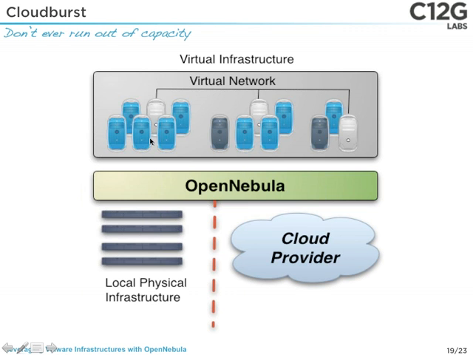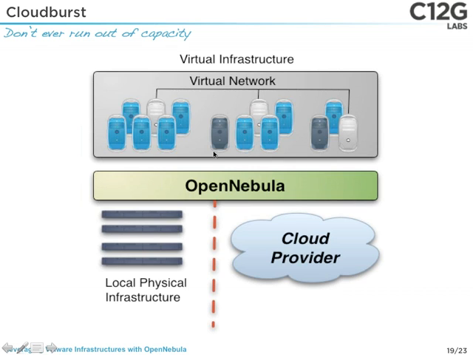Okay, so Cloudbursting, how does it work? Well, basically, OpenNebula can manage your local physical infrastructure based in VMware, and construct a virtual infrastructure on top of that. This virtual infrastructure may grow into a public cloud provider, to carry out work that is not sufficiently satisfied by the local physical infrastructure.